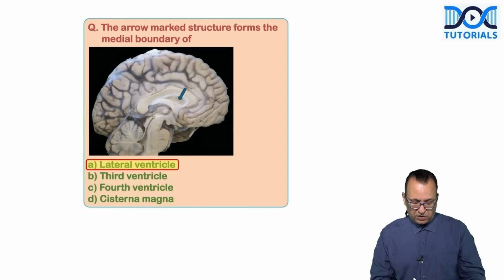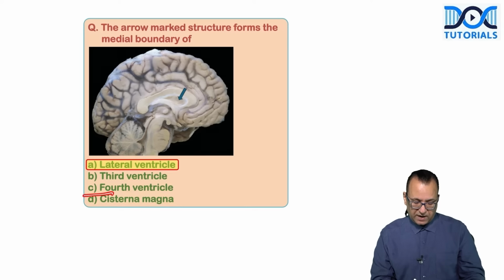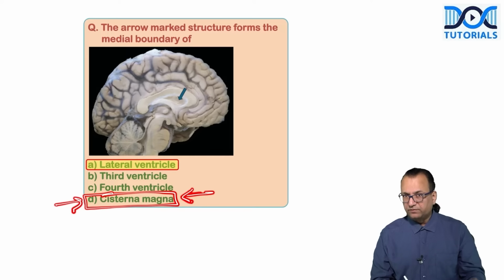The CSF comes out from the fourth ventricle through a midline foramen of Magendie and two lateral foramina of Luschka, which let the CSF out of the ventricles to reach the subarachnoid space, and one of those spaces is the cisterna magna. So it is a cistern and an extraventricular area.